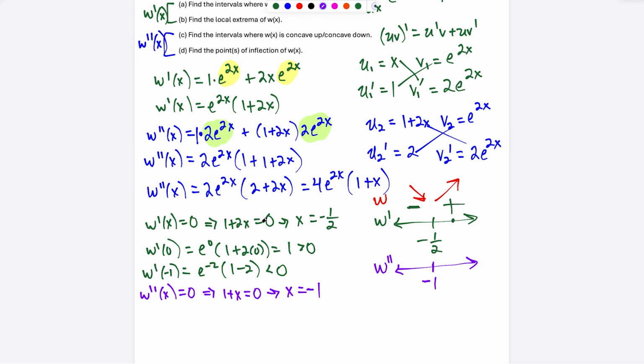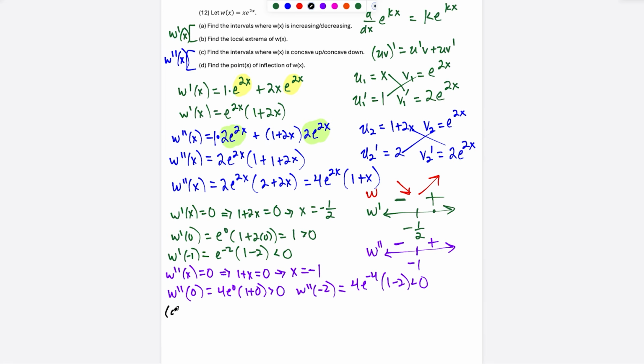So if I plug in 0 again into our second derivative, that's going to give us 4e^0 times 1 plus 0, and this is something positive. So we have a plus here. Next, if I plug in something to the left like -2, I'd have 4e^(2 times -2), which is e^(-4), and then I have 1 minus 2. This is going to give me something negative, so I'm going to have a minus here. And this is going to tell us everything we need to answer the question.